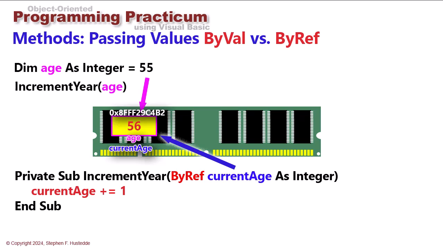And that's stored in that memory location for current age, but it's also the memory location for age. So therefore, age now is no longer 55, it's 56. So when we pass something by reference, it affects the variable value that we're passing if it is changed by the method. Let's take a look at an example.